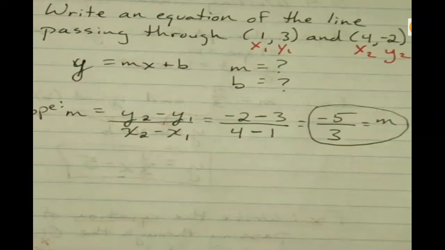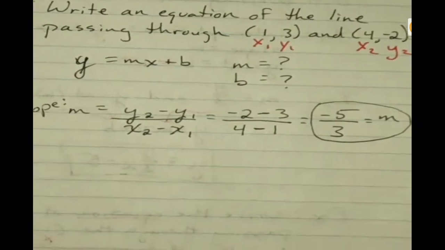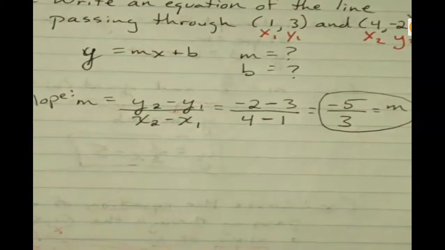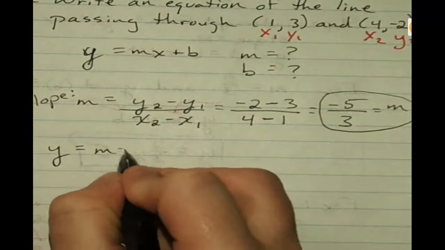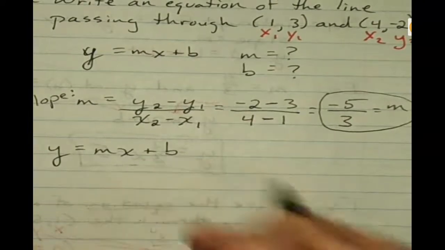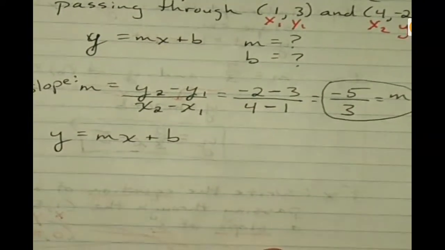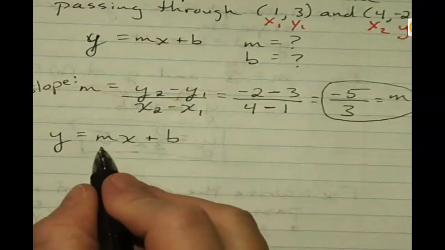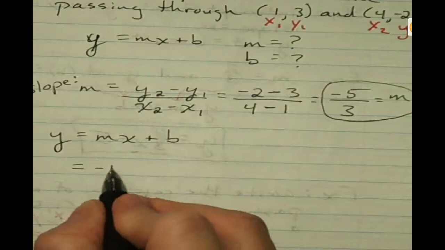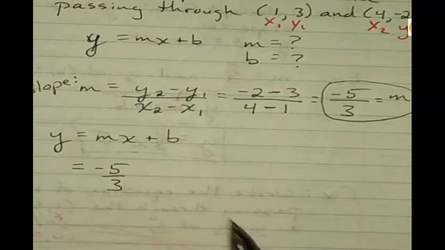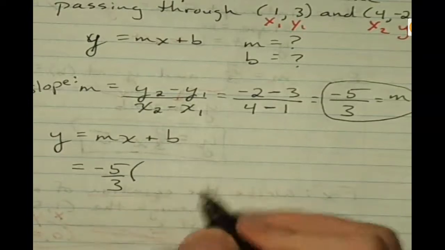Now I got to do like what we just did to find my y-intercept. So just like the last example, here is my formula. I'm going to start substituting. For the slope, it's -5 over 3 times x.